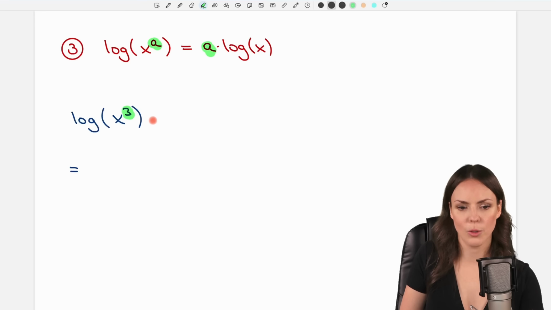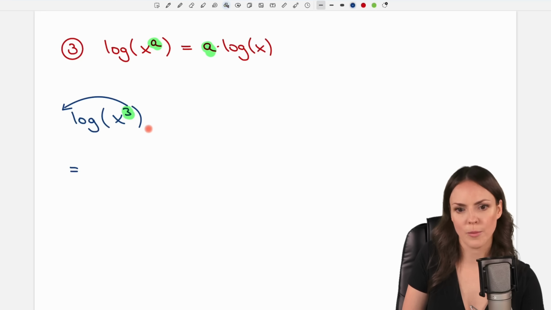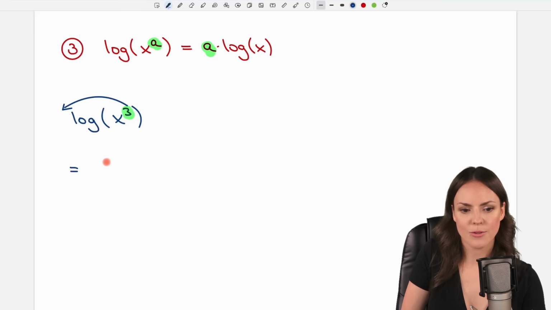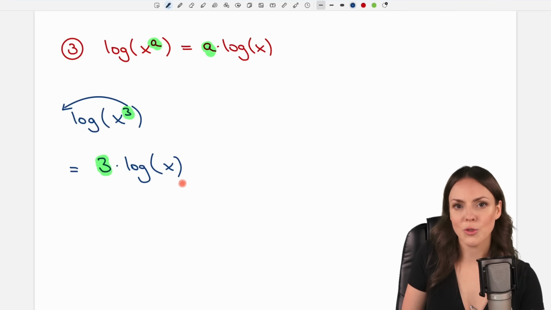This is our exponent, and according to the rule, we are allowed to take this exponent and write it in front of our logarithm. So we take the 3, multiply it by our log, and then only the base is left in here. So not the 3 anymore. We already took the 3 in front of the logarithm, but this is everything we needed to do.